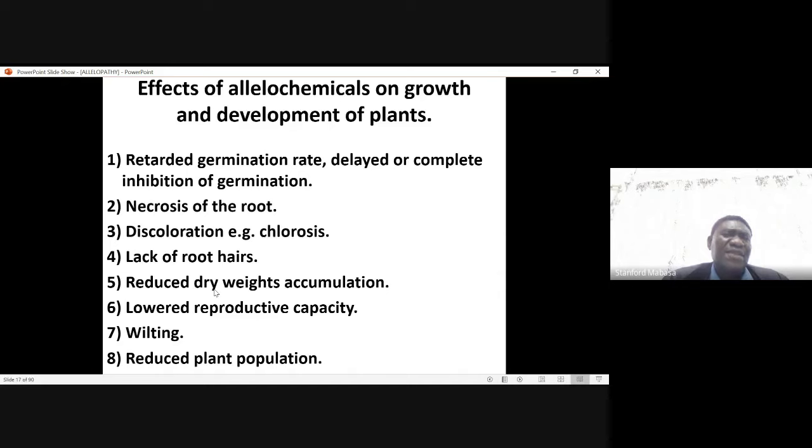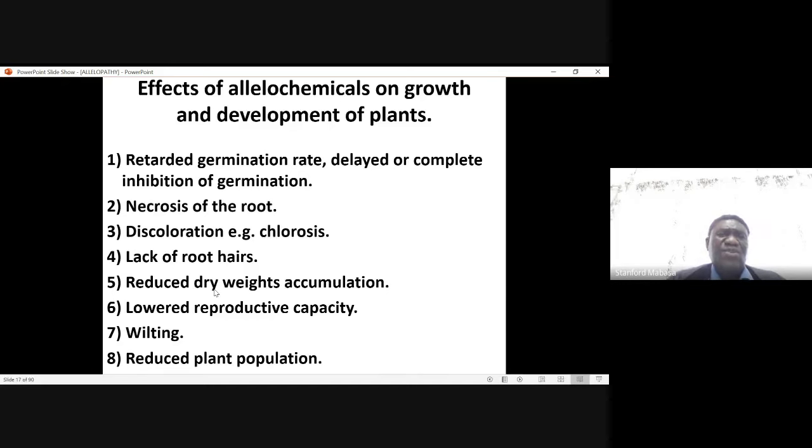The plant may actually fail to germinate in the presence of allelochemicals. You may see damage on the root, which is necrosis, some cells turning brown, or you see brown patches on the root.